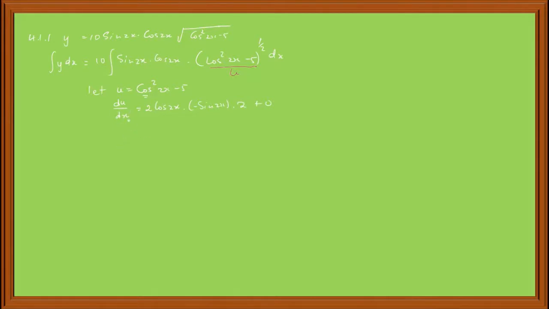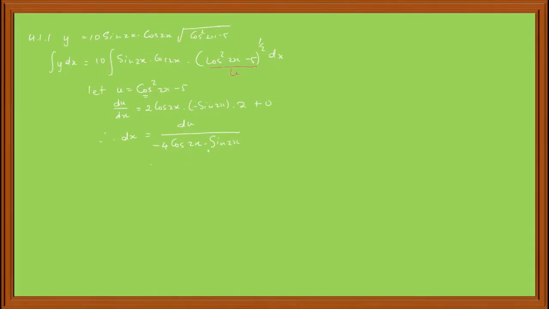Then we make dx the subject of the formula. Our dx is the same as du divided by the whole part here, which is minus 4 cos 2x sine 2x.